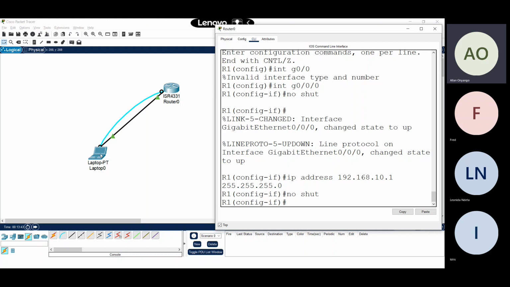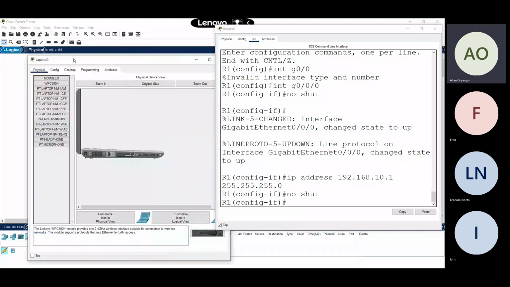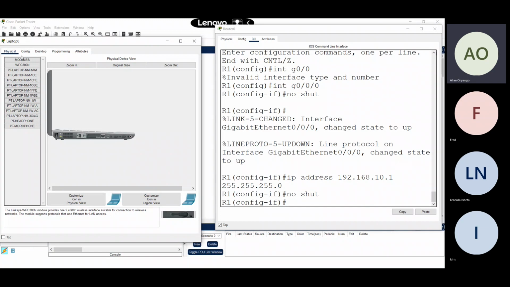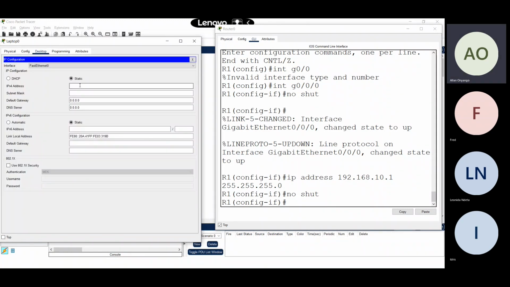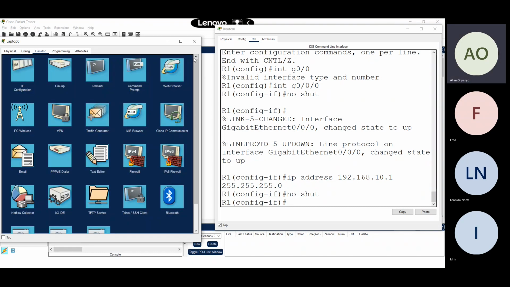I need to go to my PC here, this laptop, go to the desktop and assign it some IP, 192.168.10.2, for example. Same subnet mask. I must give it a default gateway, which is the same as the IP of the router, 192.168.10.1. That's the default gateway. We don't have to put a DNS server there.